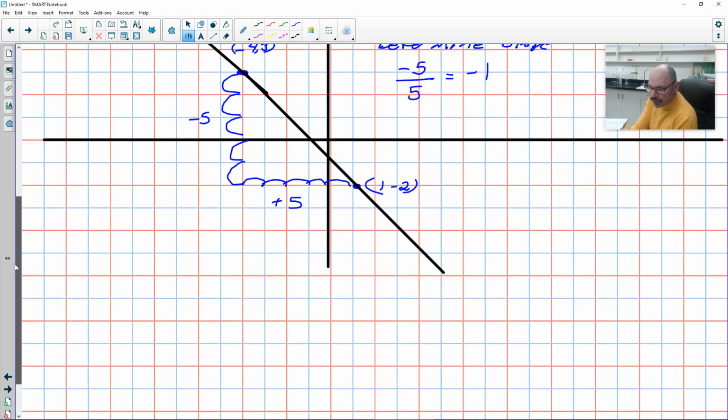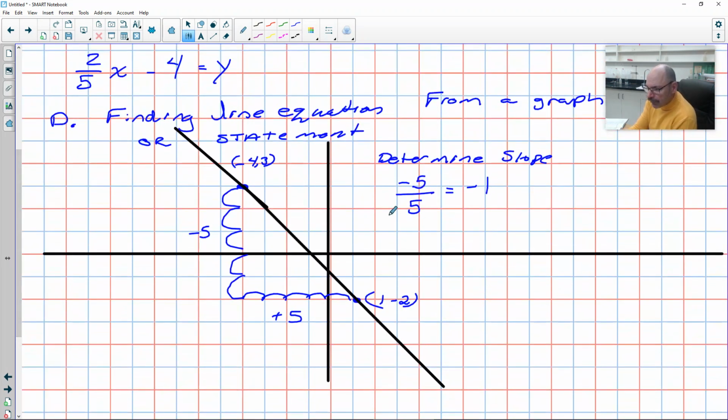So let's make a little bit more space so we can do this. So after that, we determine the slope. We write the line in point slope form. So you're going to write the line in point slope form. Okay, so I'm going to use this point.